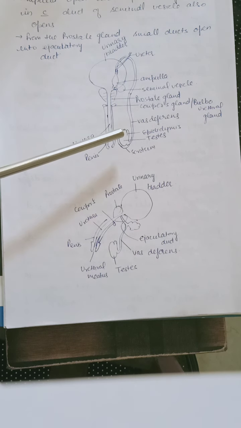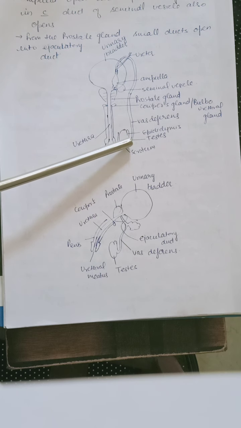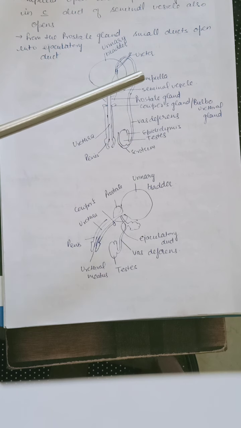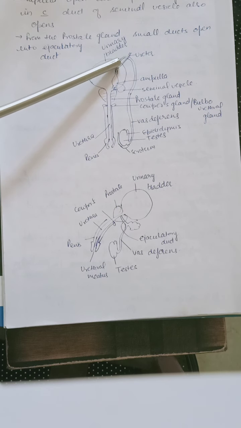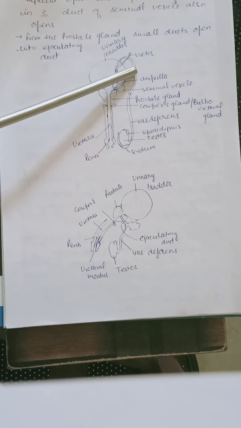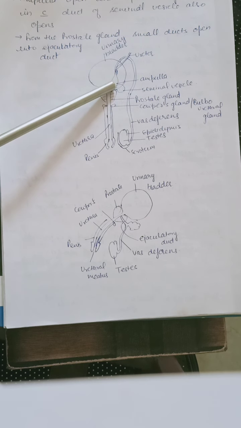See, this is the testis, this is the scrotal sac, and this is the vas deferens. This vas deferens ascends into the abdomen and loops over the ureter, and swells to form the ampulla.